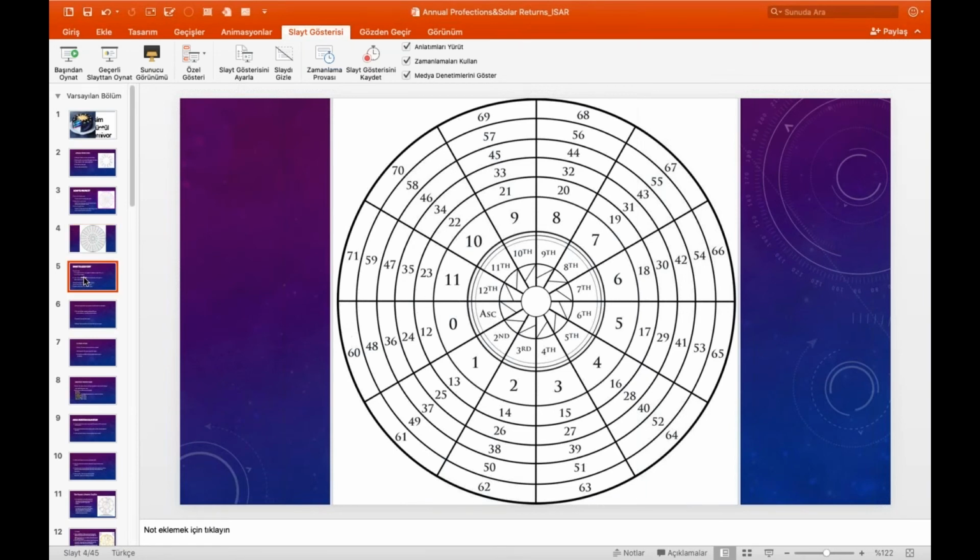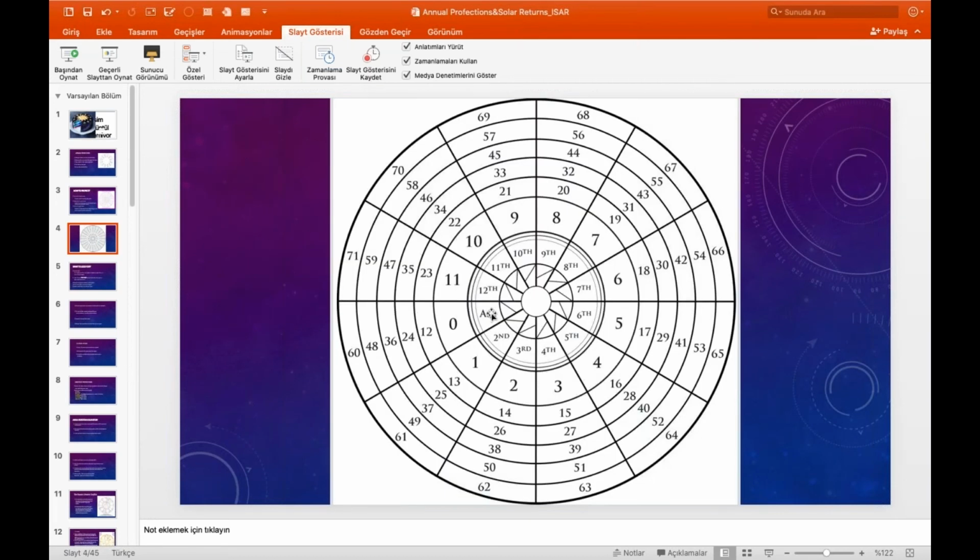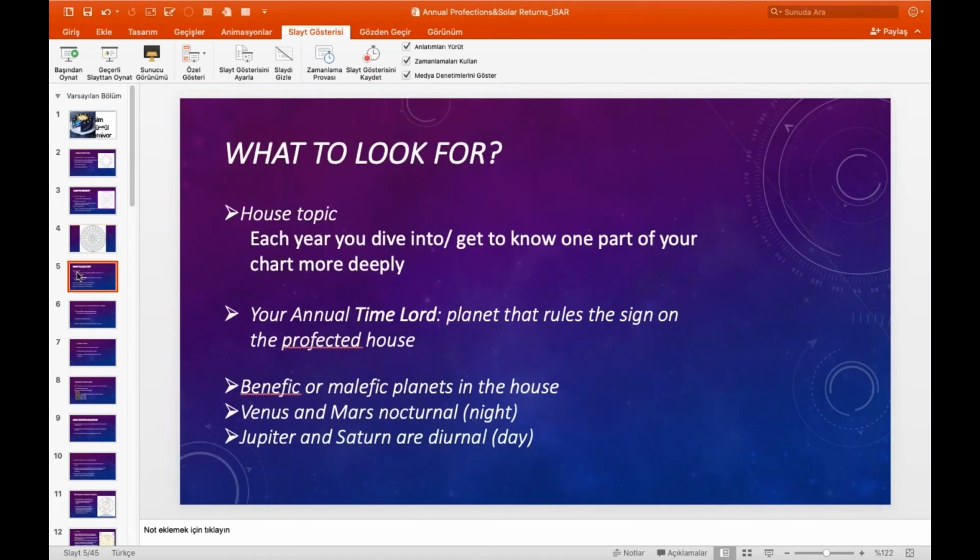And when we look at Venus, we will look at it in the natal chart and in the solar return chart. Because natally, it's always at the same place. But in our solar return, it's in a different sign, in a different house. So we need to look at its position also in the solar return chart.